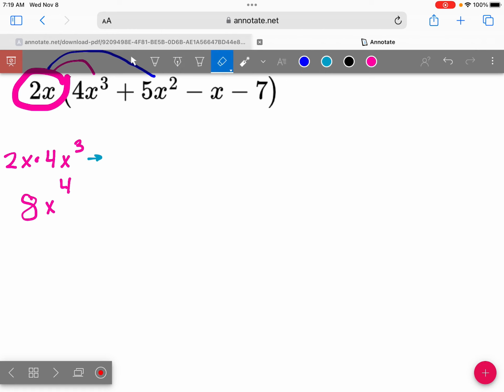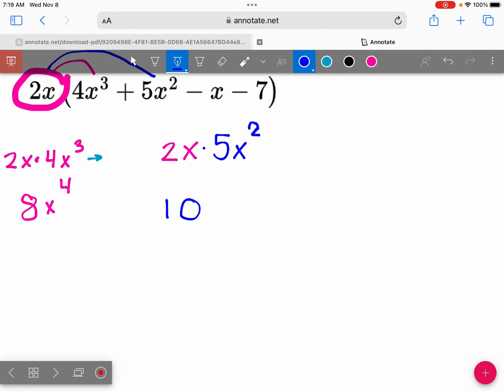So I'm going to erase these 4x's here. So I've got my 2x times 5x squared. There we go. So 2x times 5x squared is going to give us what? 2 times 5 gives us 10.